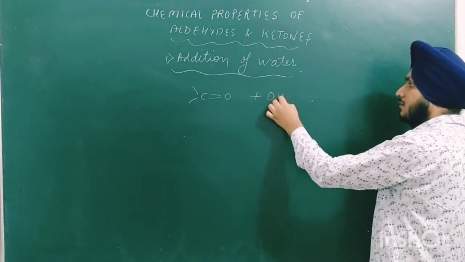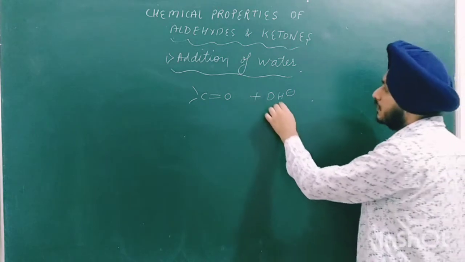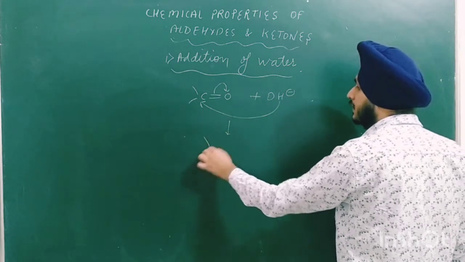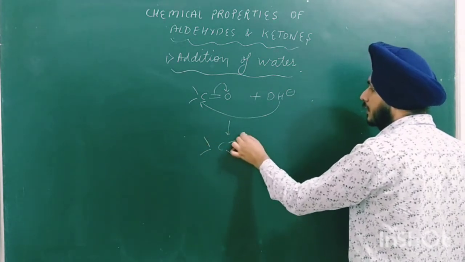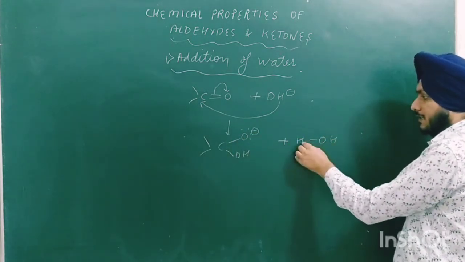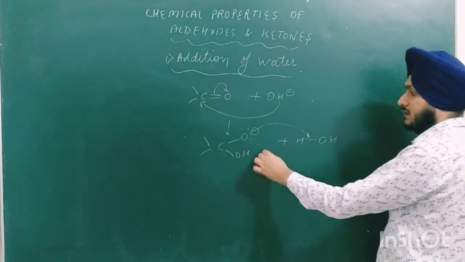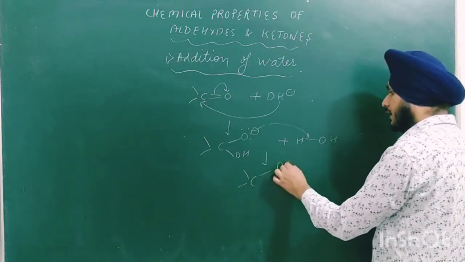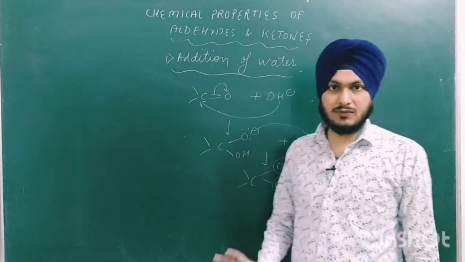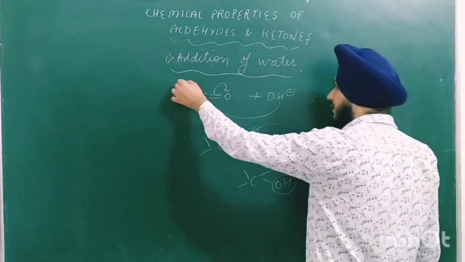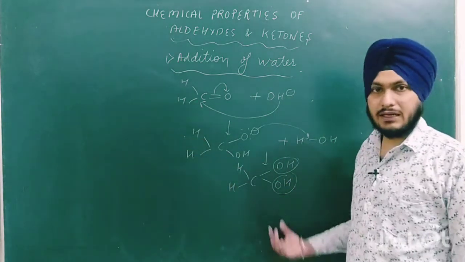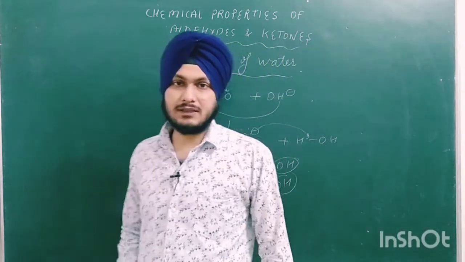Firstly, the OH negative from the water will attack this carbon, and here we will get negative charge on the oxygen atom. Then another molecule of water gives H positive, which is attracted by this oxygen atom, and here we get a dihydroxy group. So this will be the product. If we have hydrogen over here, then this will be the main product, with the dihydroxy group present.